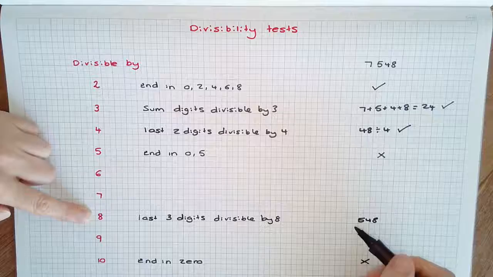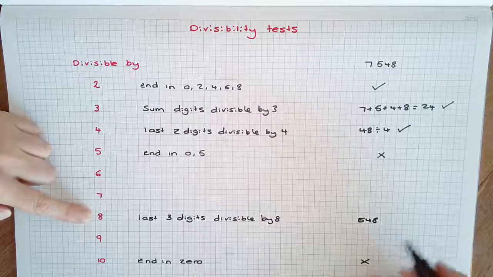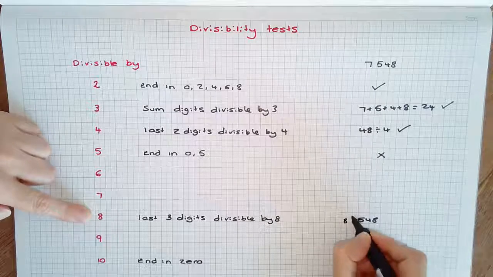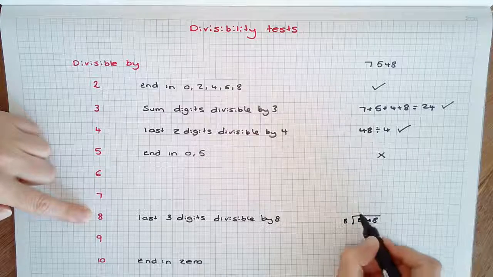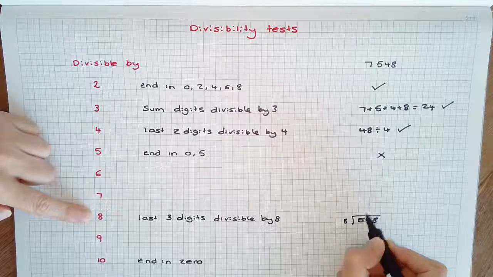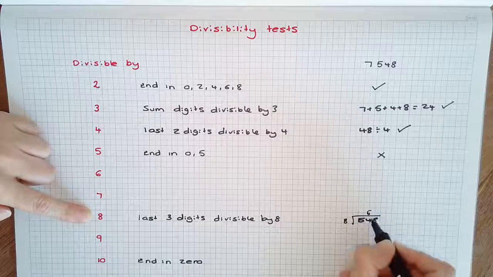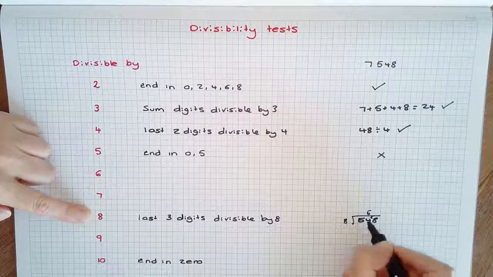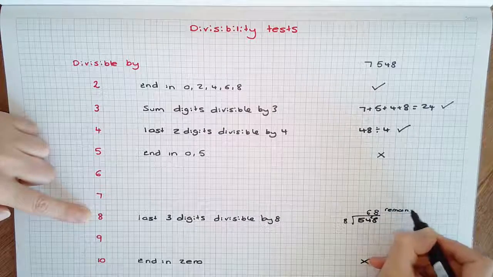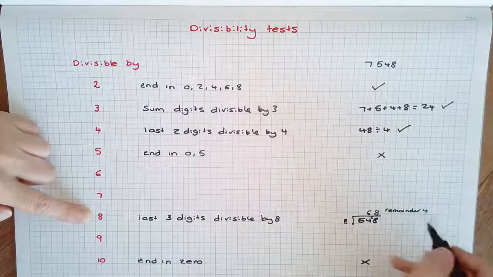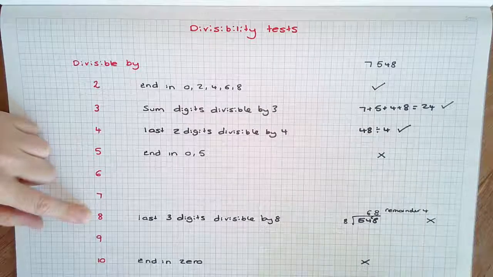Now, I don't know my 8 times tables up to 548, so I would have to do a little short division. 8 into 5 doesn't go, carry forward. 6 times 8 is 48, carry the 6. 8 times 8 is 64 with remainder 4. Since there is a remainder, we say that this number is not divisible by 8.